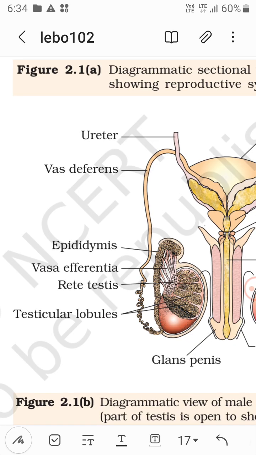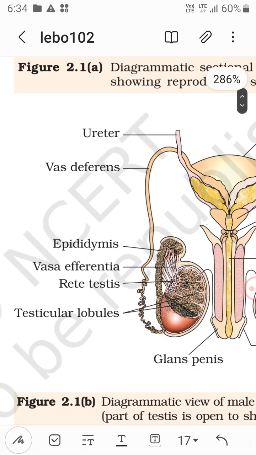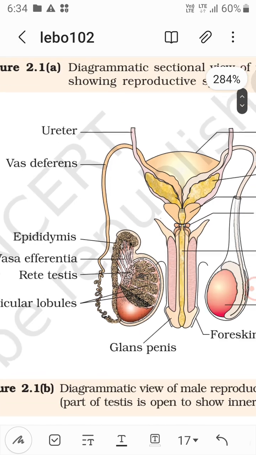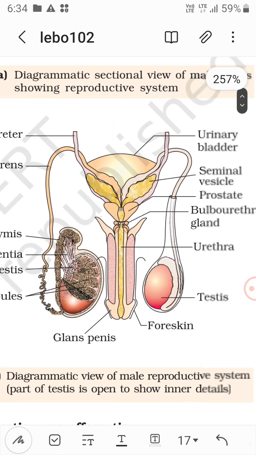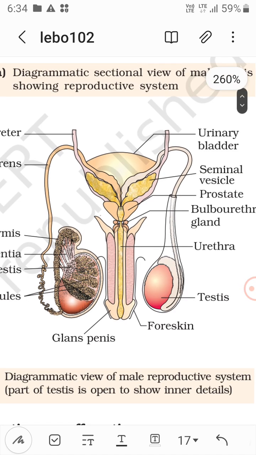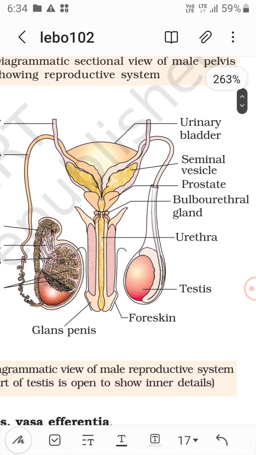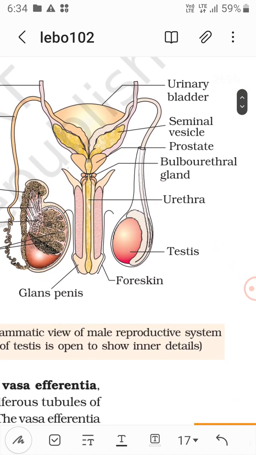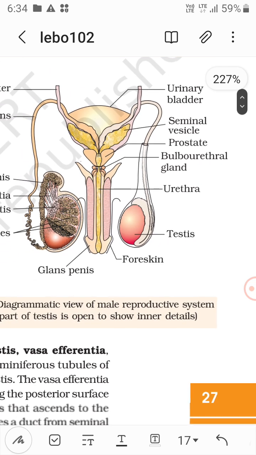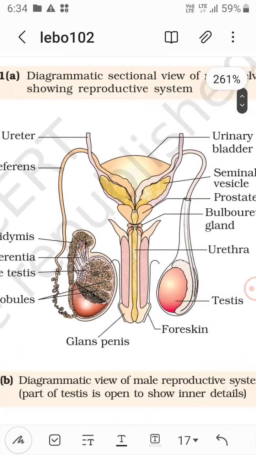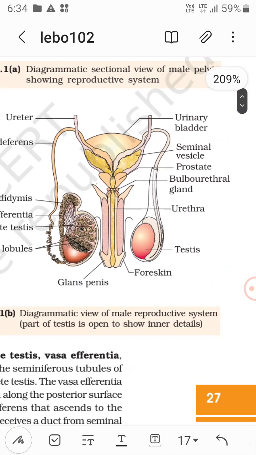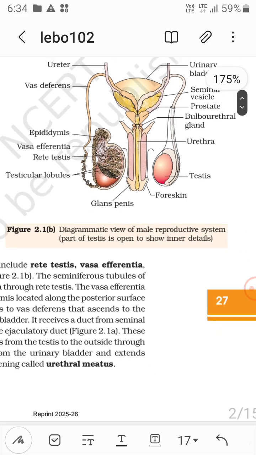Then the epididymis opens into the vas deferens. The vas deferens loops over the urinary bladder and opens toward the seminal vesicles, then the prostate, then the bulbourethral gland, and then the urethra, and then the foreskin, and then there is the glans penis. So this is the testis and everything. The ureters, as you can see, are a pair, and there is a single urinary bladder. So this is the vas deferens and all these things.